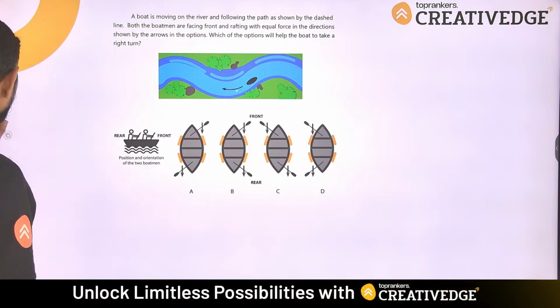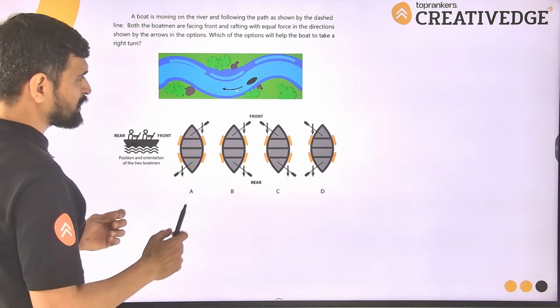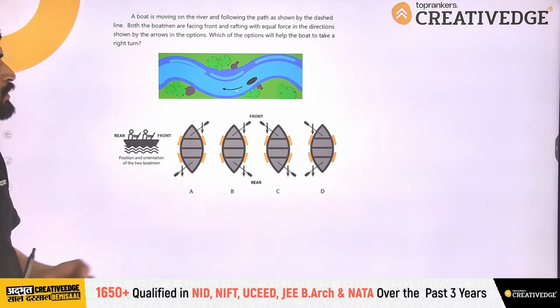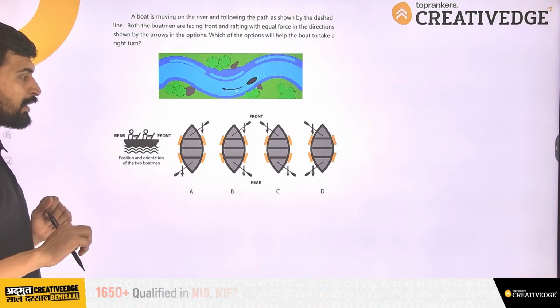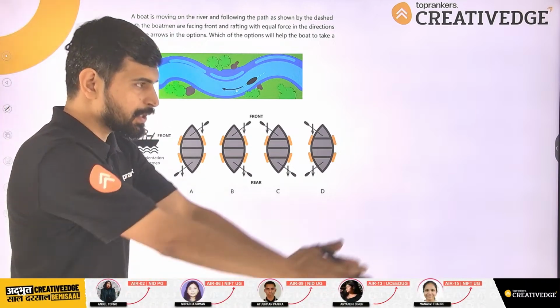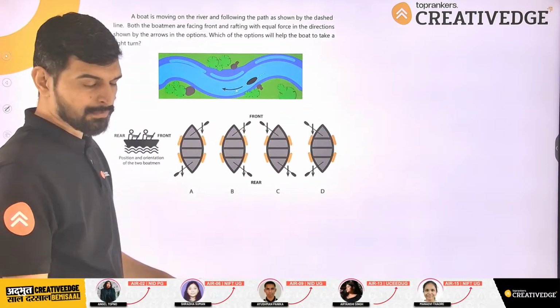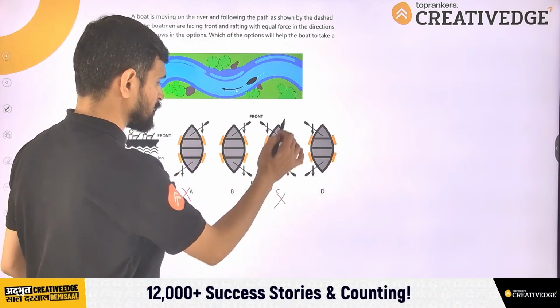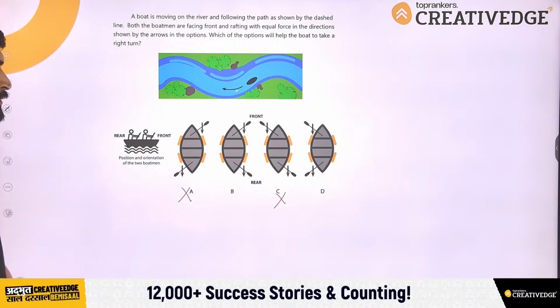So can we have, when two persons are rowing on the opposite directions, opposite direction पर राफ्ट के लिए इक्वल फोर्स लगाकर अगर काम करते हैं तो बोट मूव्स इन स्ट्रेट लाइन. So I can easily eliminate option A and option C. Now we are left with option B and option D.